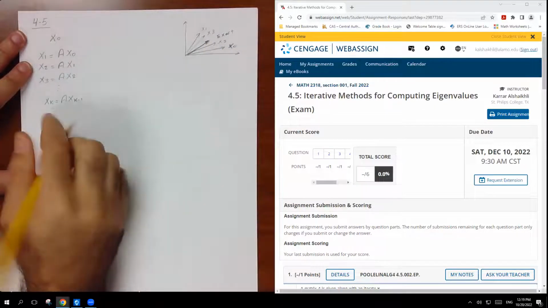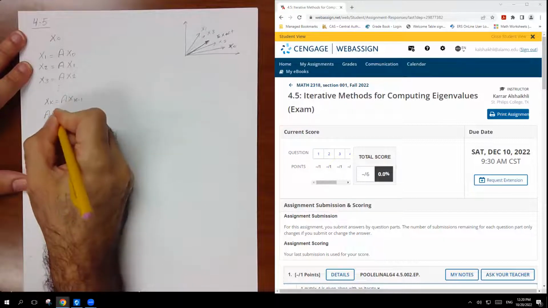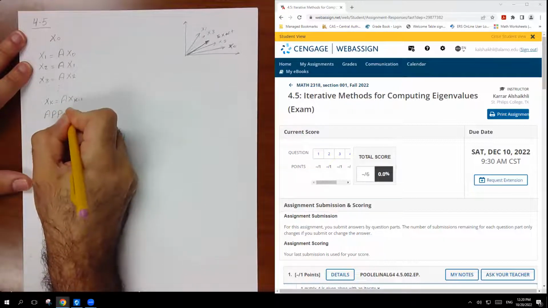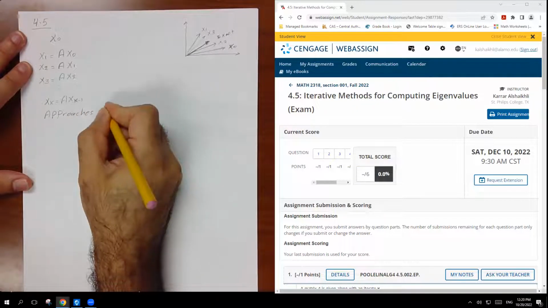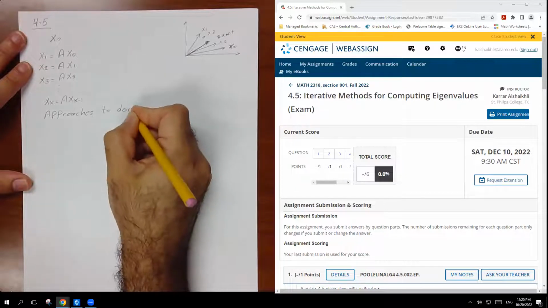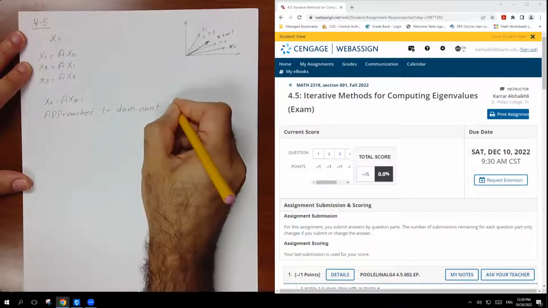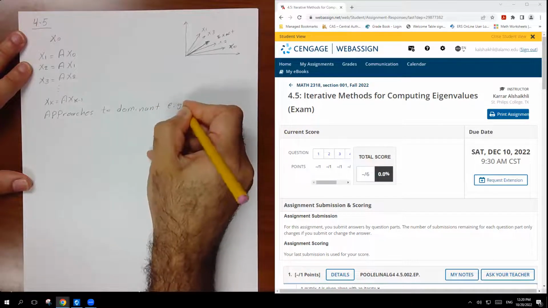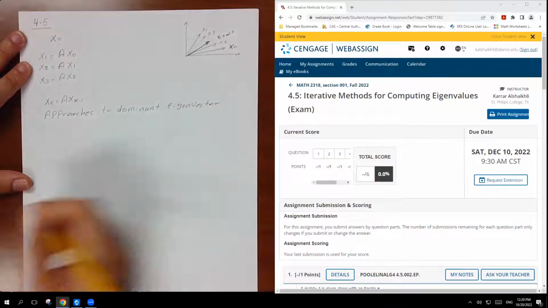So this one is going to approach the dominant eigenvector. Then we're going to find the eigenvalue of A.